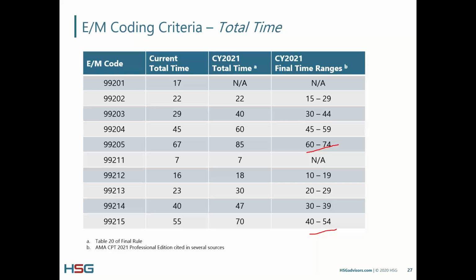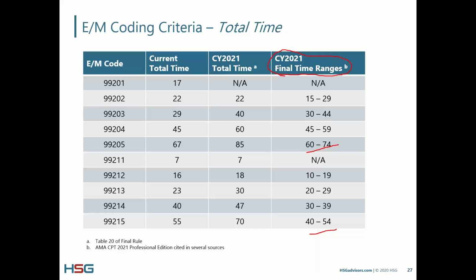So, as we look at this, I'm going to say, since the final rule had these ones correct, then I'm thinking that this is likely what's going to be there for utilizing final time for 2021. I could be wrong, and if so, we'll go ahead and put out a disclaimer.